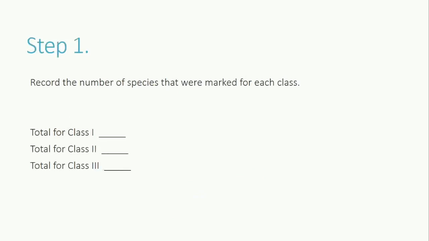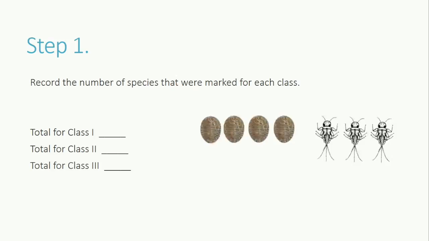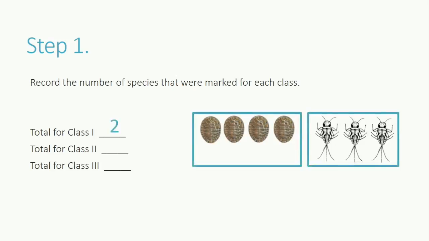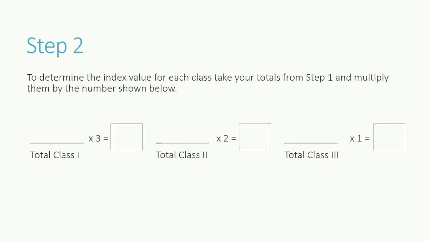Now that we've seen the species, we will go through the calculation steps to come up with a biotic index score. First, record the number of species found in each class. For example, if there are 4 waterpennies and 3 mayfly larvae, then there are 2 species for Class 1. Remember, we're calculating the number of species, not the number of individuals. For step 2, we calculate the index value by putting a weight on each score we calculated in step 1.